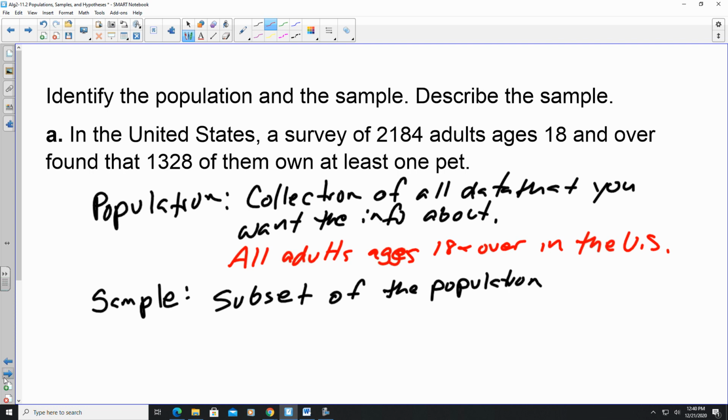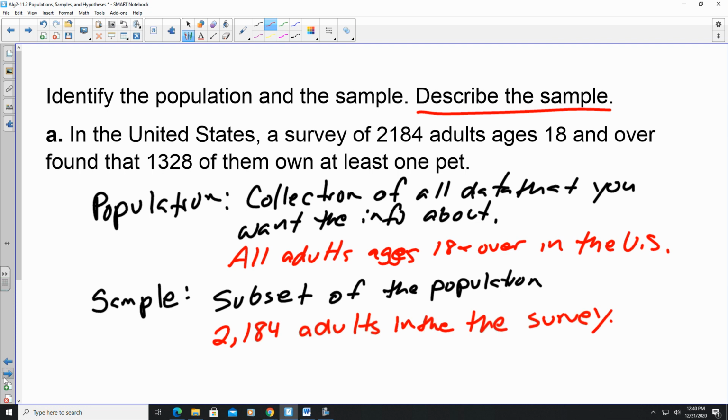So in this particular example, my subset is 2,184 adults in the survey. And then they're asking us to describe the sample.